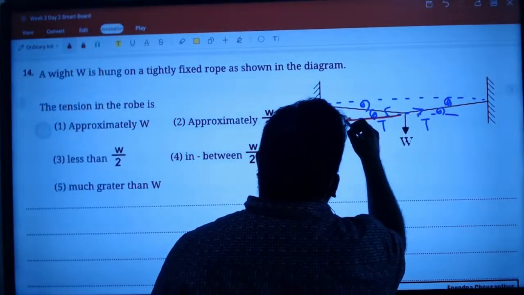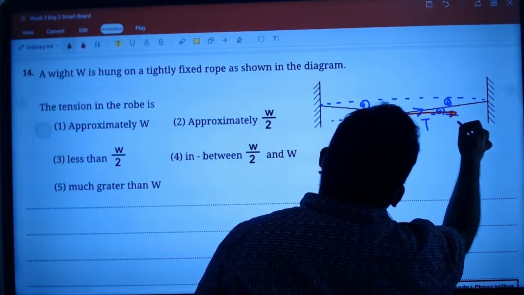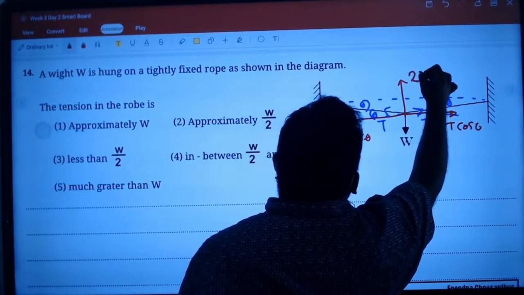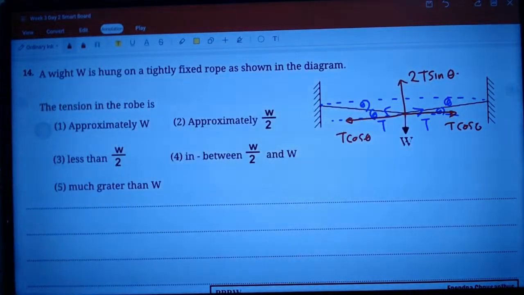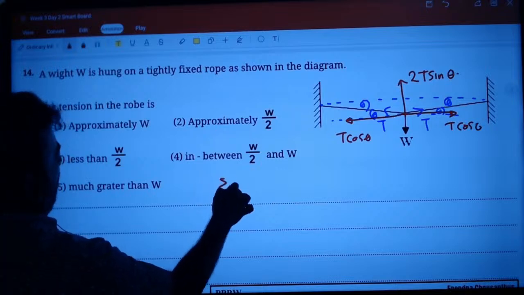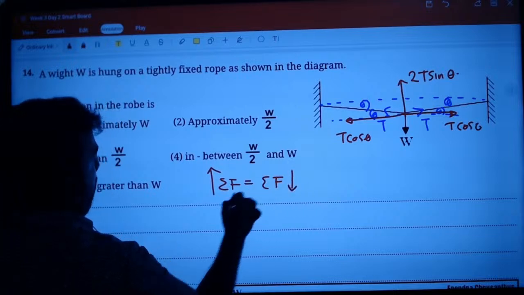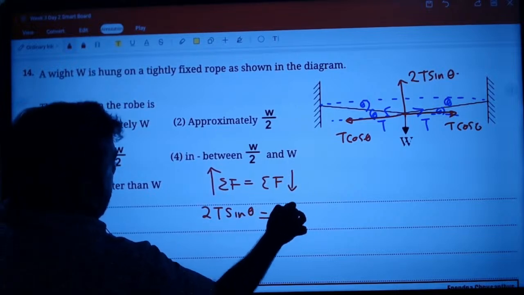T cos theta here, T cos theta here. T sin theta, 2T sin theta. Right. So if it's in equilibrium, sum of forces in the upward direction balances sum of forces in the downward direction. 2T sin theta is equal to W.